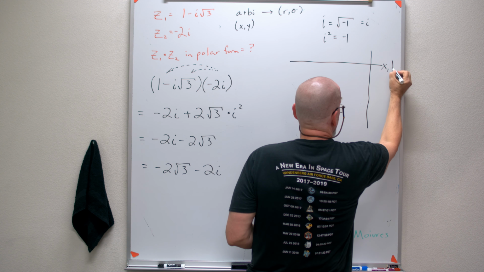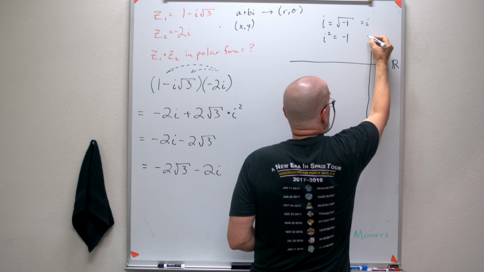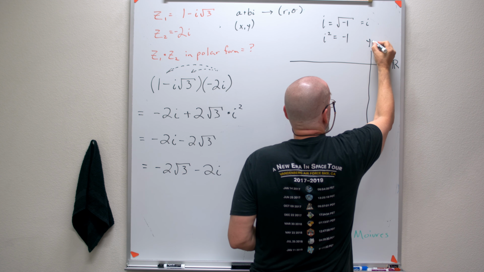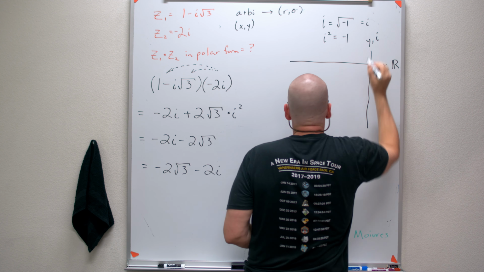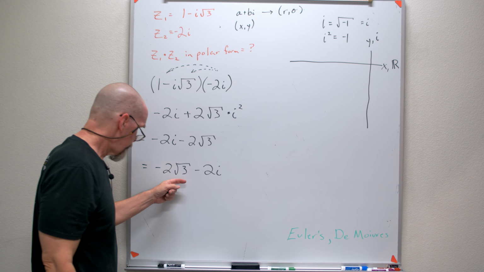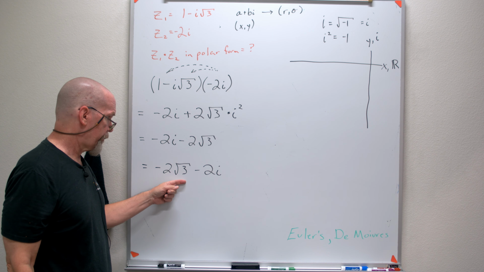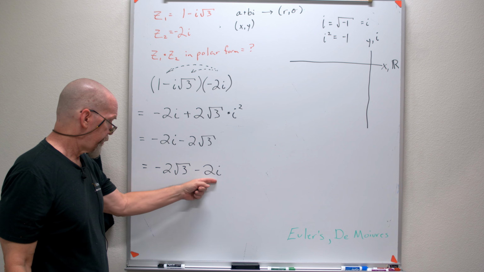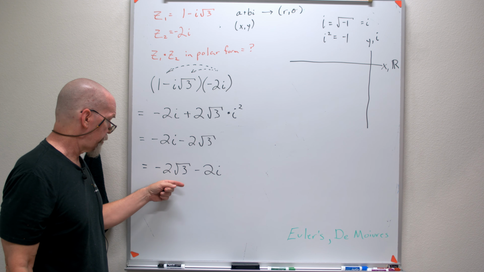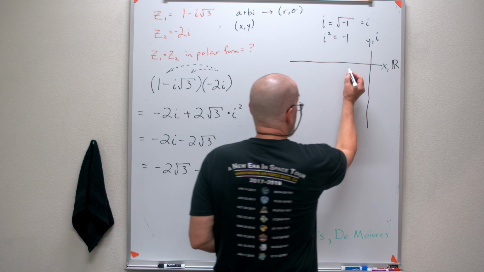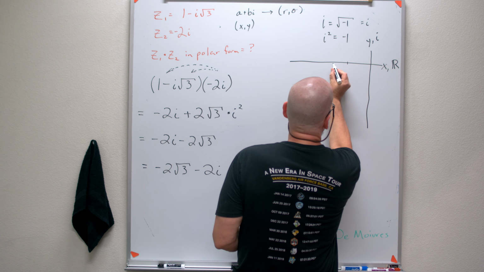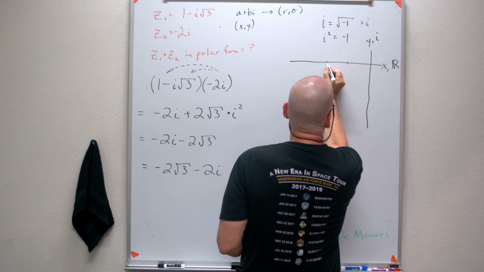I could just give you formulas, but whether it actually makes sense. 2 rad 3 is roughly 3.4, it's close enough. 3.4 and 2, so we're like 70% longer on the real part. So I'm going to put down a -1, -2, -3, and locate it roughly where it would be.